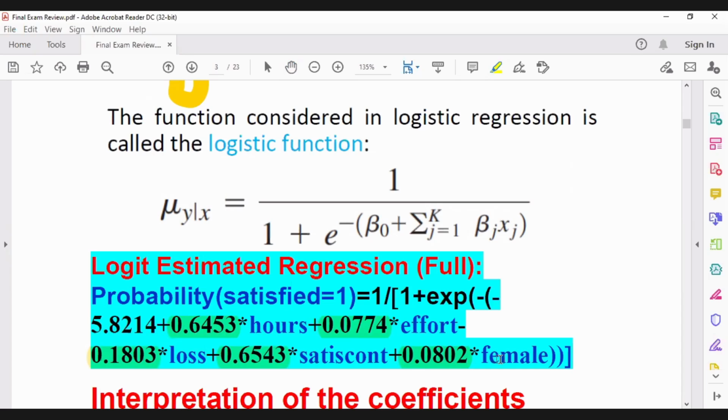Be sure that in the final exam, I will ask you to write down the logistic function. You need to be able to write down this mathematical expression, and replace the b's by their respective values and x's by their respective names.